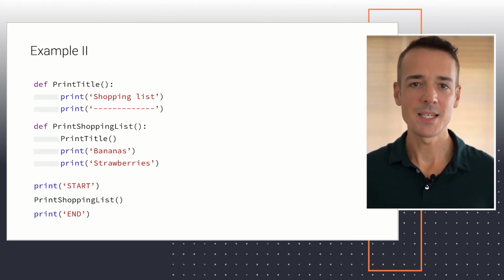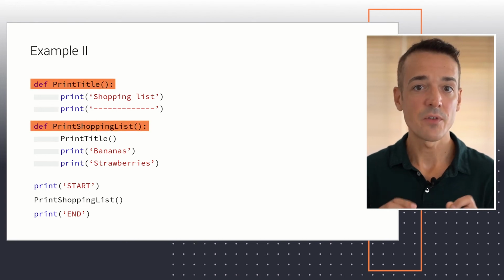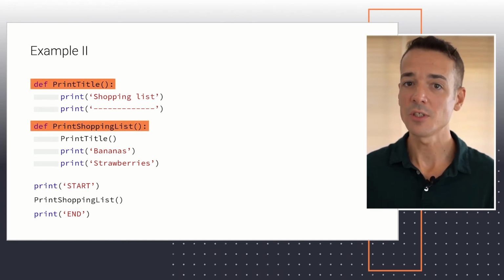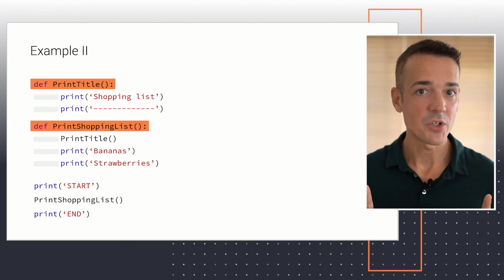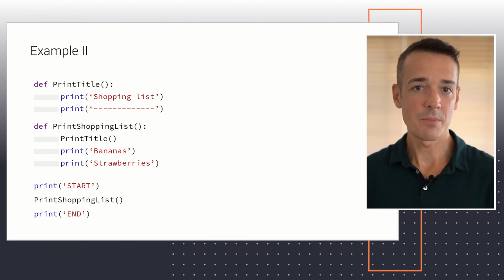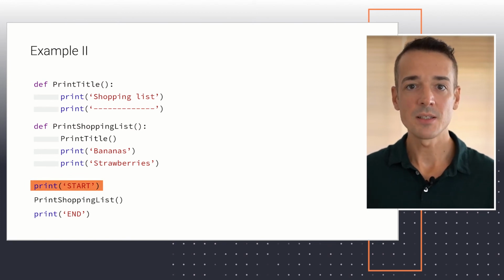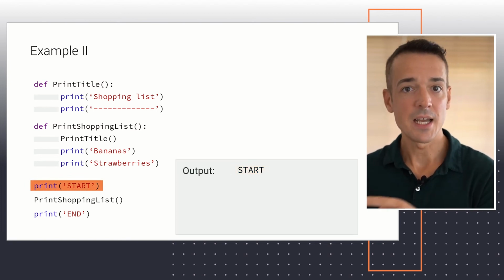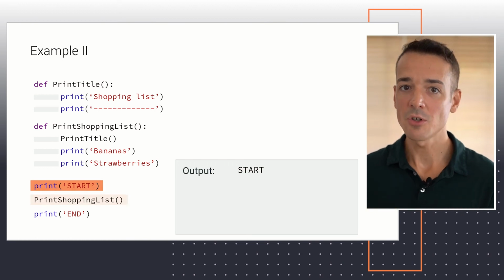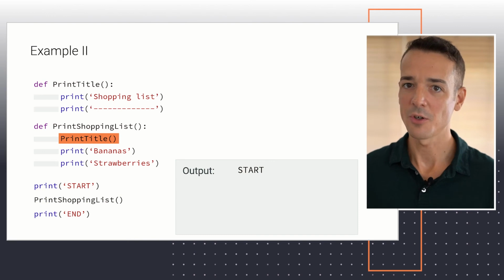Let's look at a step-by-step execution of this program. As we saw before, Python starts parsing your code from the beginning of the file. It identifies the first two blocks of code as two function definitions, and it remembers their names without executing them. Once it reaches the main program, it begins executing statements. The first statement prints start. The next line of code is an invocation to function print shopping list, which transfers control to that function.